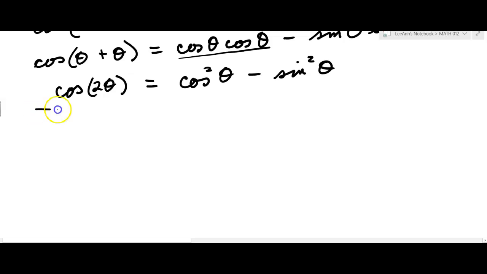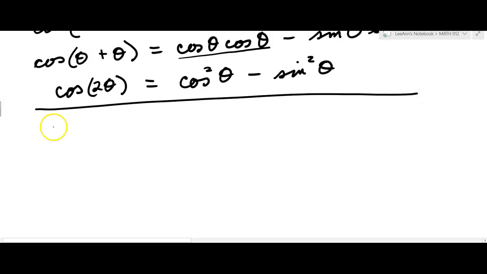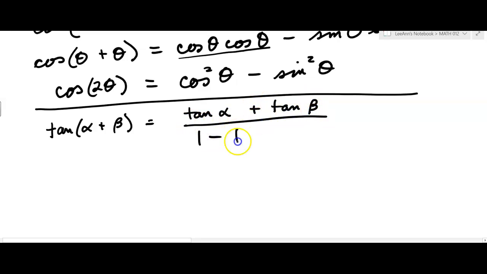And then for tangent, we have a formula for tangent of alpha plus beta, which is tangent alpha plus tangent beta over 1 minus tangent alpha tangent beta. And so if we say, well, what if the angles were the same?